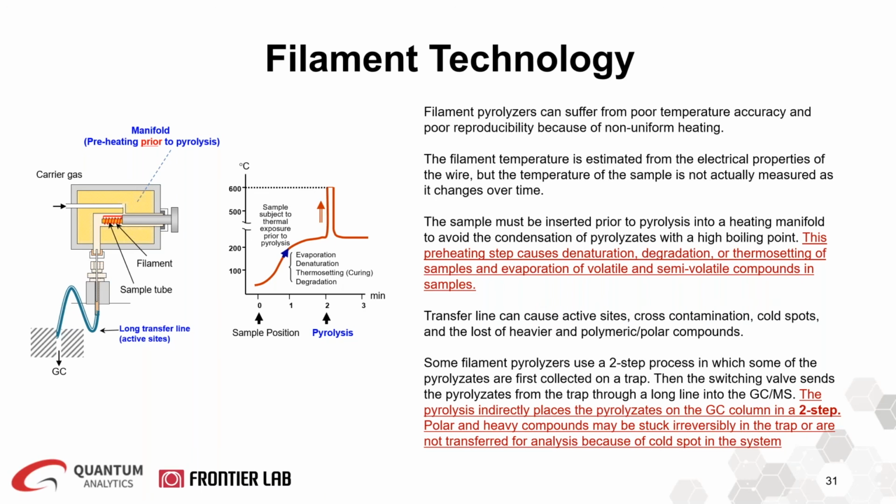Then a switching valve sends the pyrolysates from the focusing trap through a long transfer line into the GC. During this two-step process, polar and heavy compounds may be stuck irreversibly in a focusing trap or are not transferred for analysis because of the cold spots in the system.